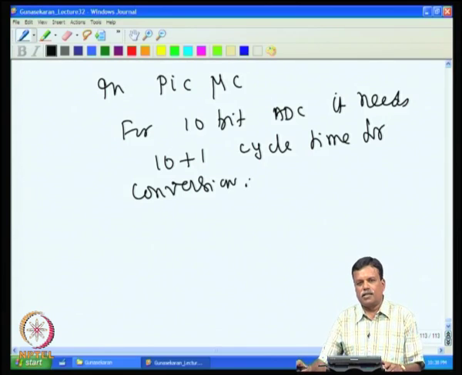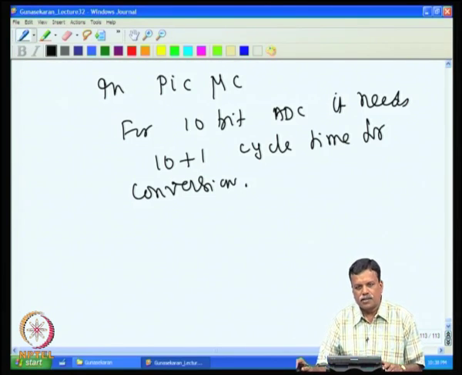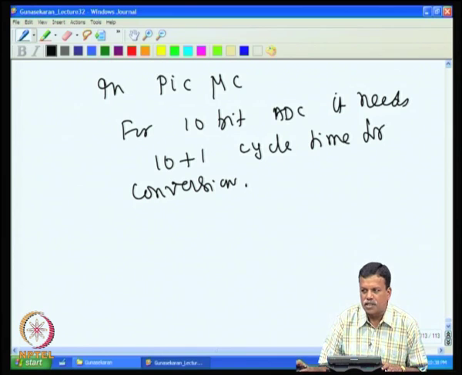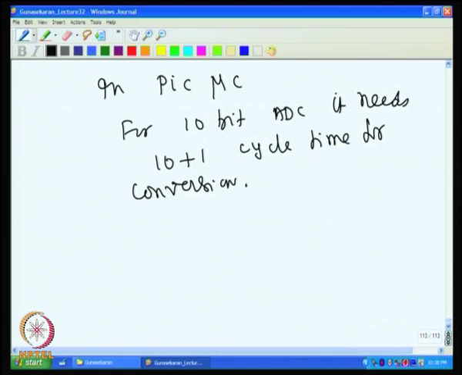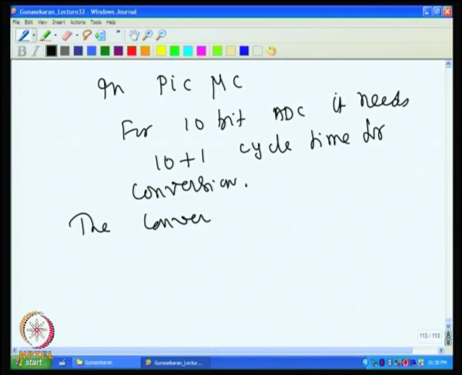So, at the end of every cycle, 1 bit of the conversion answer is available, because as we discussed earlier, the conversion is done from the MSB, the most significant bit, onwards.